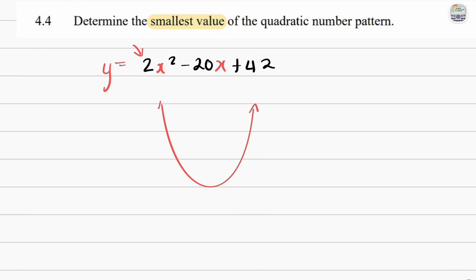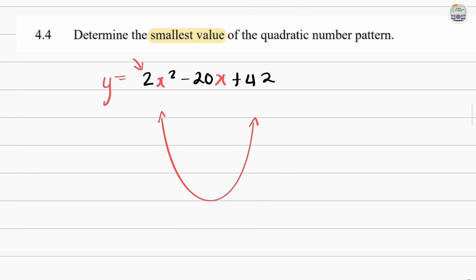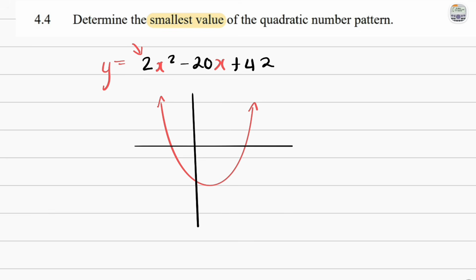So it's concave up. If we put this on a Cartesian plane, this is going to have a minimum value. Here's what I mean by this. If you look all through this parabola, that's a y value that it has over here. Remember, we're always concentrating on the y values, the results that this parabola has. Here's another y value, and here's another.